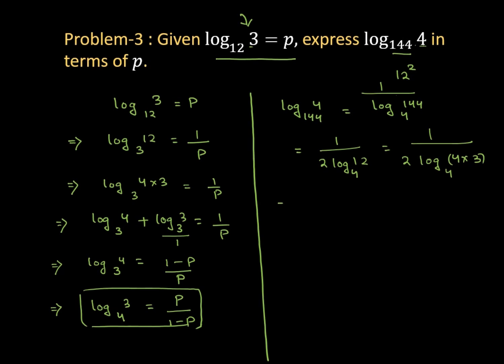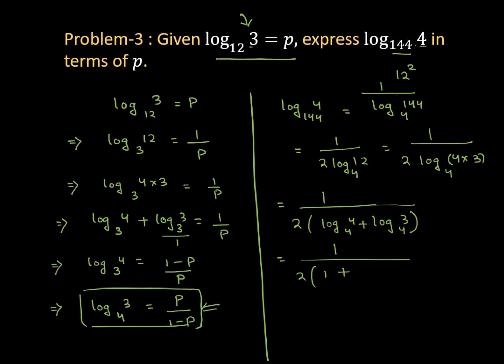So this can be written as 1 over 2 times log of 4 base 4 plus log of 3 base 4, which can be simplified to 1 over 2 times 1 plus log 3 base 4, which can be replaced by this value. So you write p by 1 minus p.